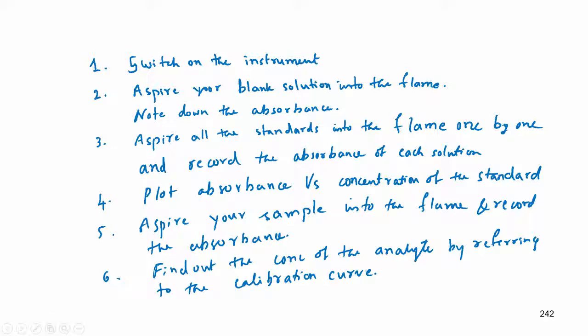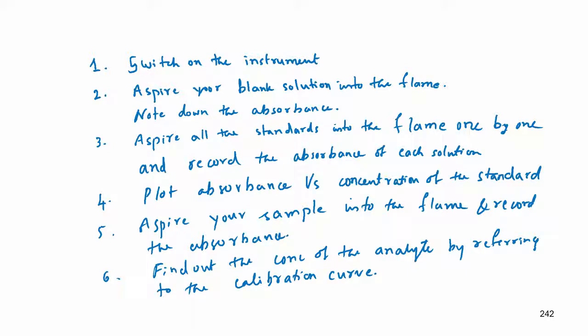So, this completes the atomic absorption analysis of a metal ion basically. First you switch on the instrument, aspire your blank solution into the flame, and note down the absorbance; this is 100% transmittance or 0 concentration.